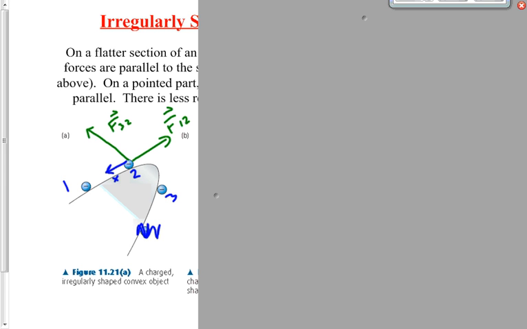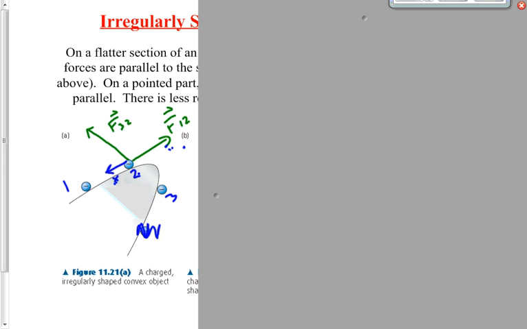Good, good. F12, its entire force is pushing it out to the tip. F32, only part of the force is pulling it back. Part of it is pushing it out to the surface, right? So along that axis, all of this force is pushing it out. Only part of this force is pulling it back. So F12 is going to win.